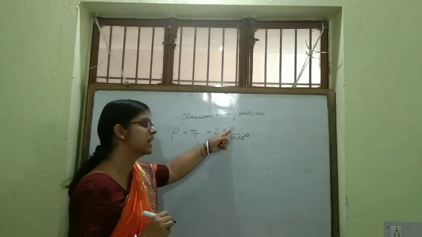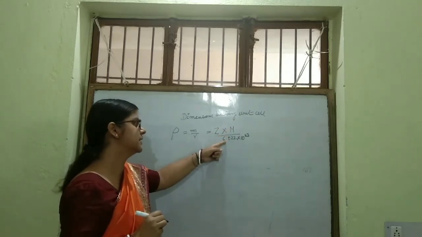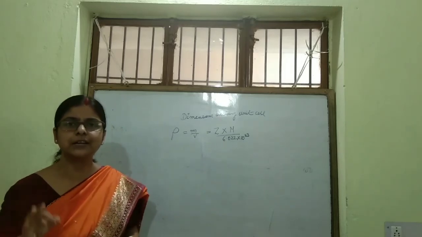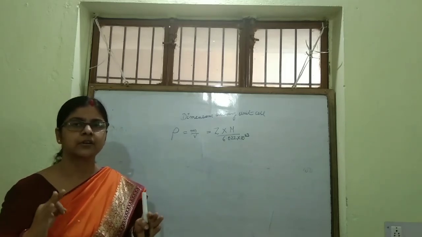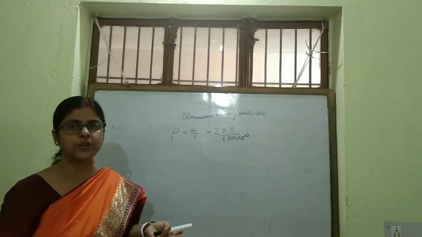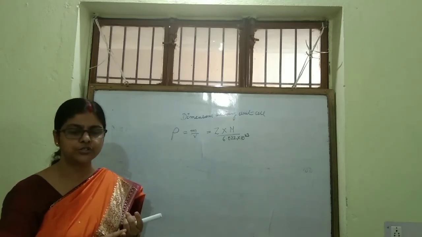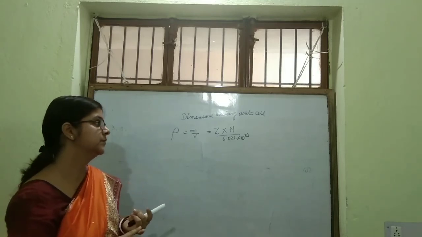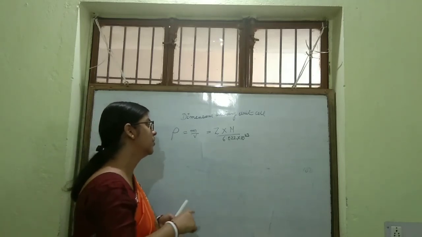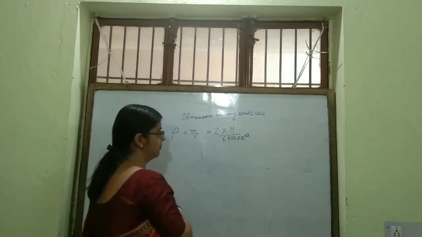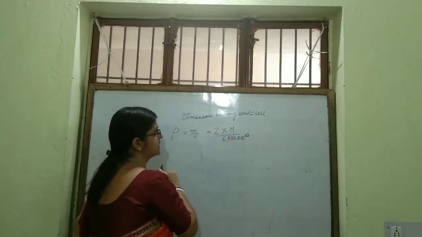This M is atomic mass and this is Avogadro's number. Avogadro's number of particles have mass equal to atomic mass. So to find out the mass of one particle, what we will do? We will divide atomic mass by Avogadro's number. So we have written this.